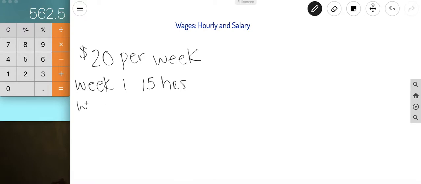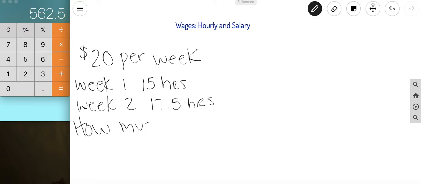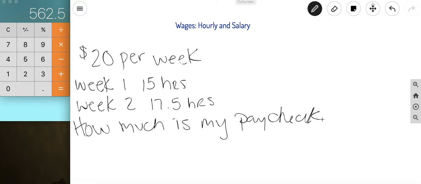And then week 2 we work 17.5 hours. We work 17 and a half hours. Okay, so again, my handwriting's not that great on there.